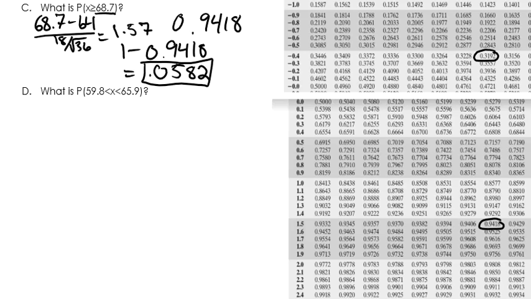Now part D is asking us for the probability that x is greater than 59.8 but less than 65.9. So just like the other two problems, we're going to turn these two values into z-scores. So we're going to have two z-scores. So let's do the first one.